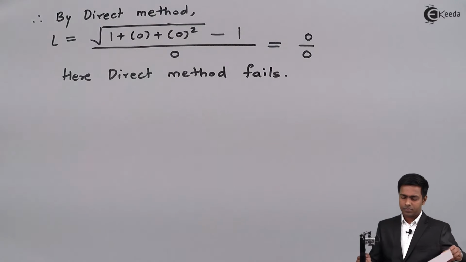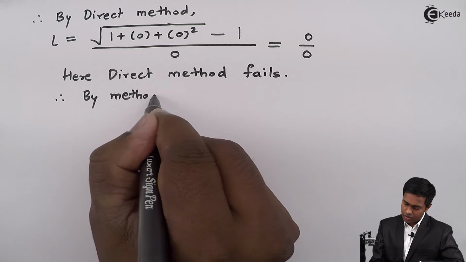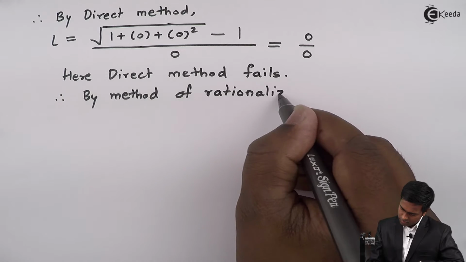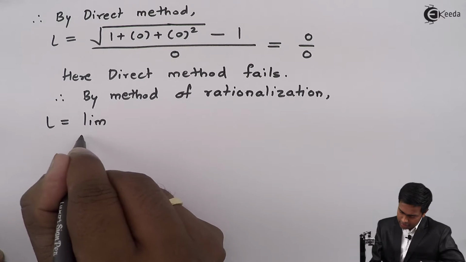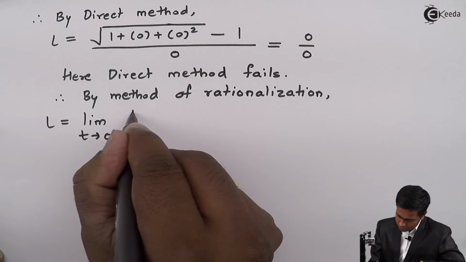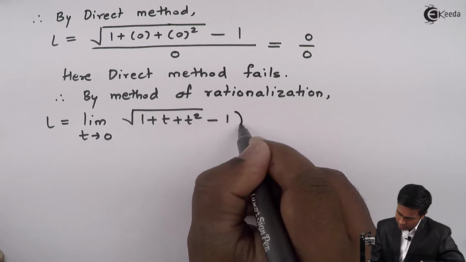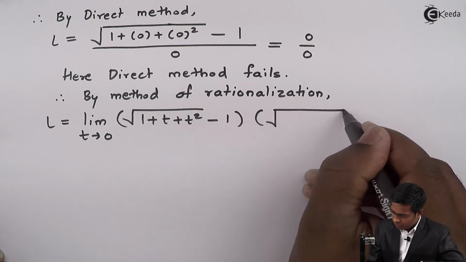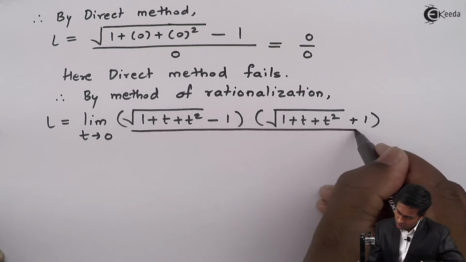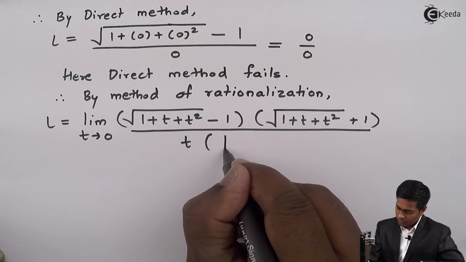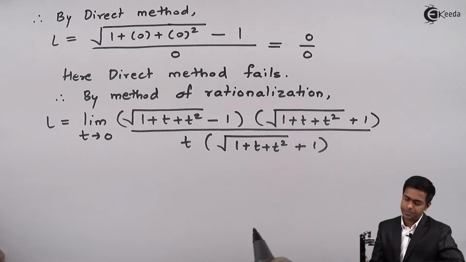So by the method of rationalization we will get L as limit t tends to 0 of square root of 1 plus t plus t square minus 1, into square root of 1 plus t plus t square plus 1, upon t into square root of 1 plus t plus t square plus 1.